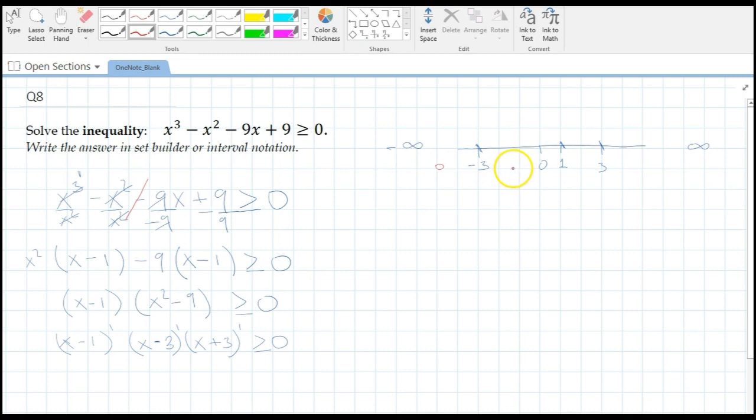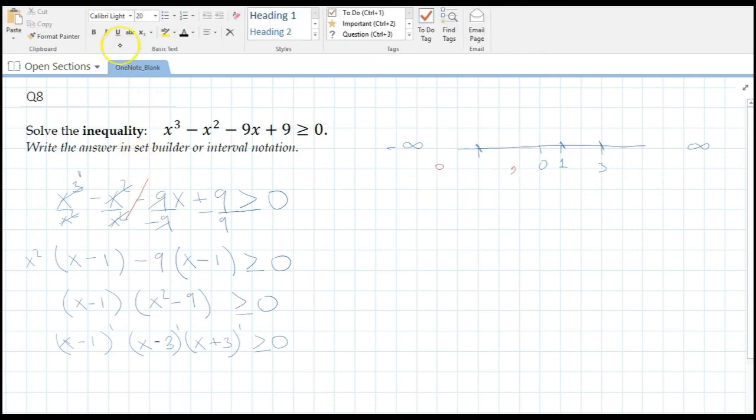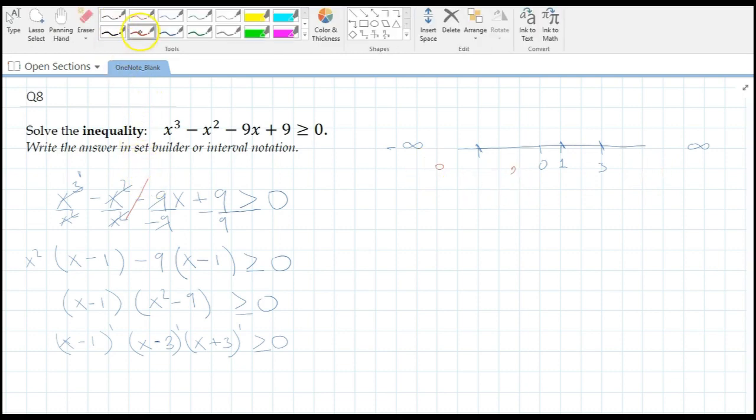Here we can use 2. 0 will be even easier. We're going to pick 0 here, 2 here, and then here a +10. So we're going to use -10, 0, 2, and 10.